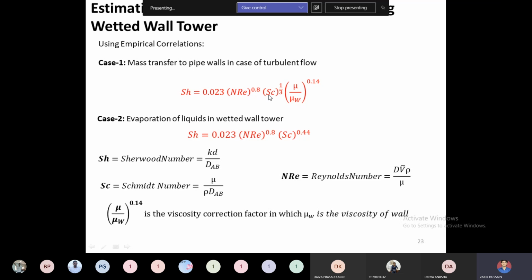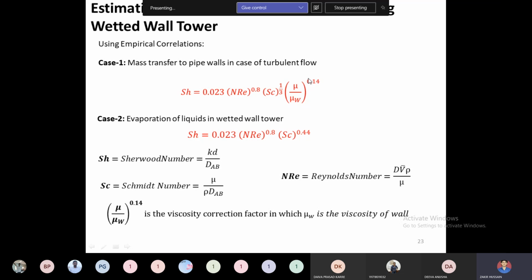So NNU is equal to 0.023 NRE power 0.8, PR power 1 by 3, nu by nu W power 0.14.